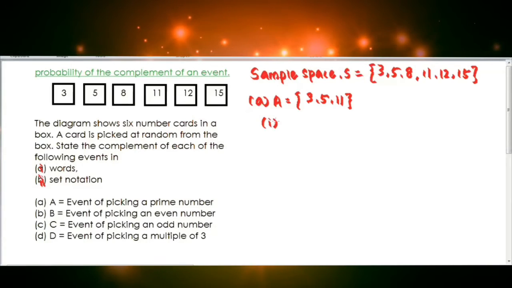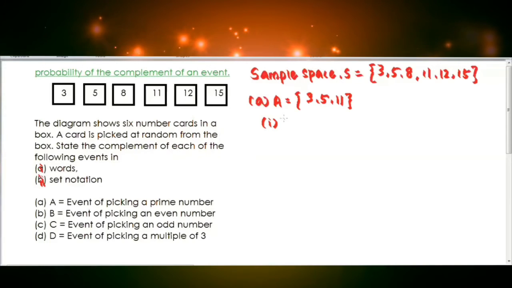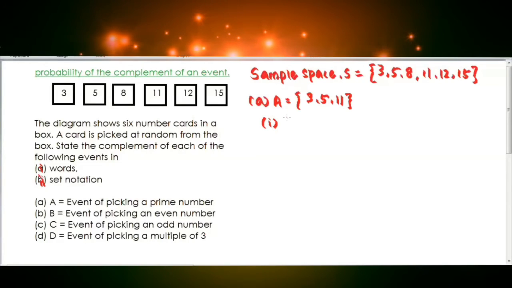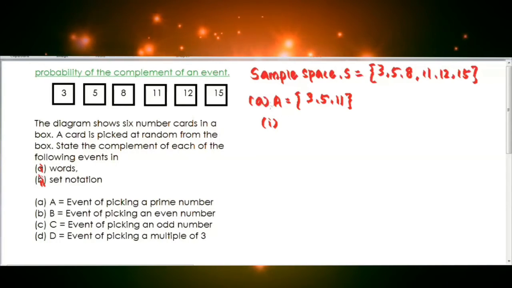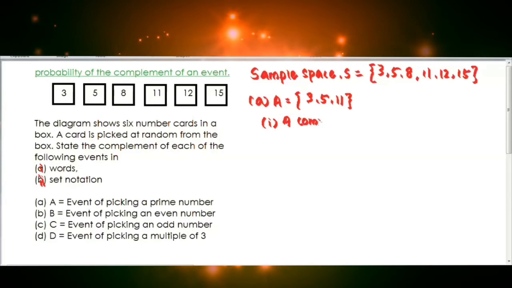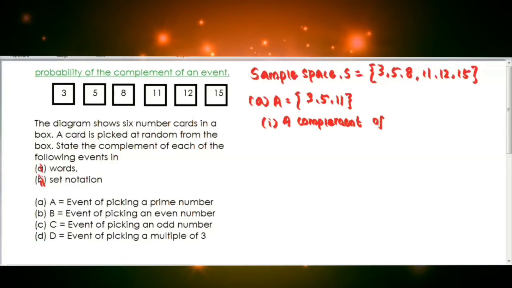We need to find the complement of the event in words. So the complement of A, this is A, right? The prime numbers of A are 3, 5, 11.